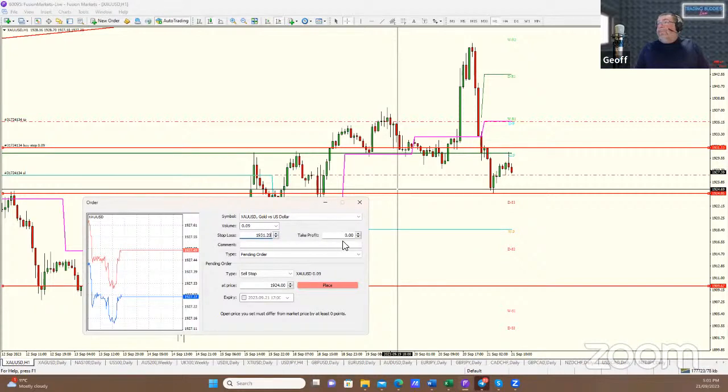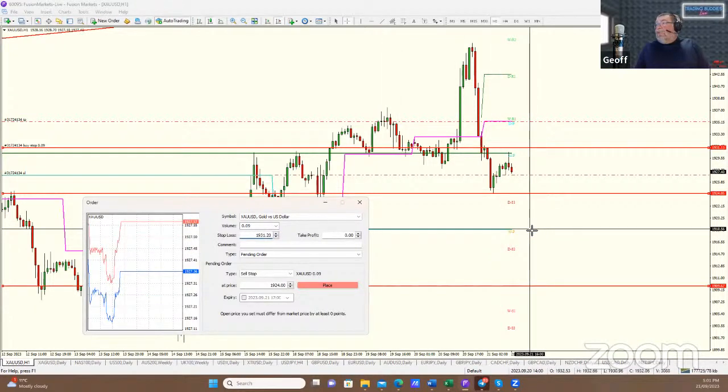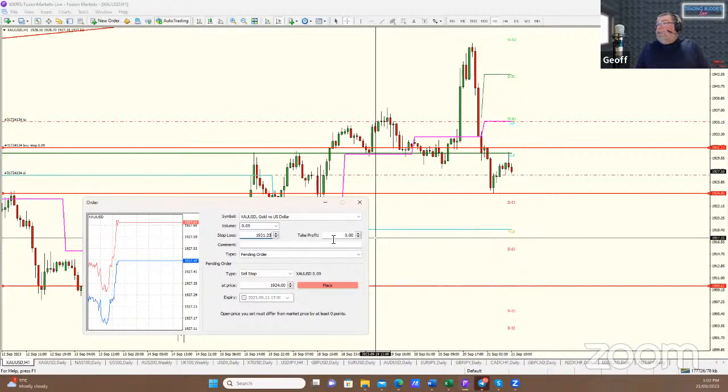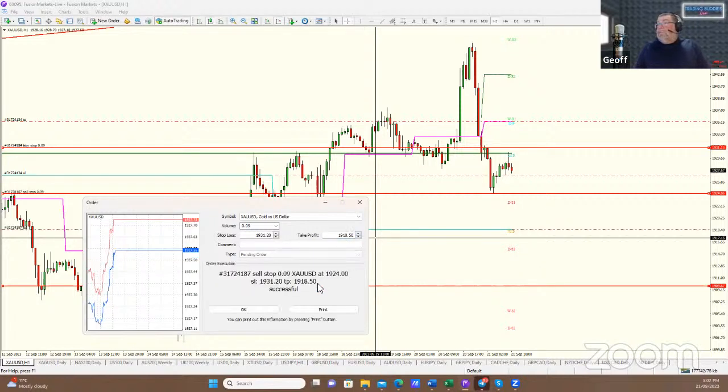There we go. Take profit on the short will be the weekly pivot at 1918.50. All right. There we go. That one's in.